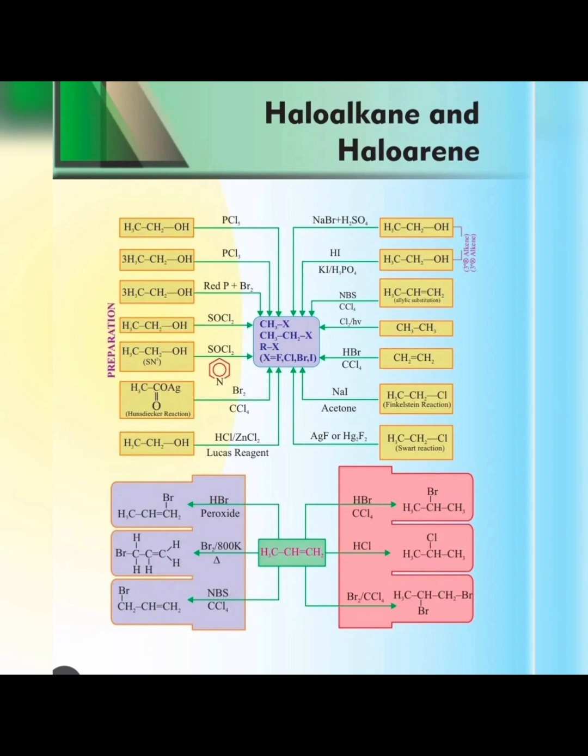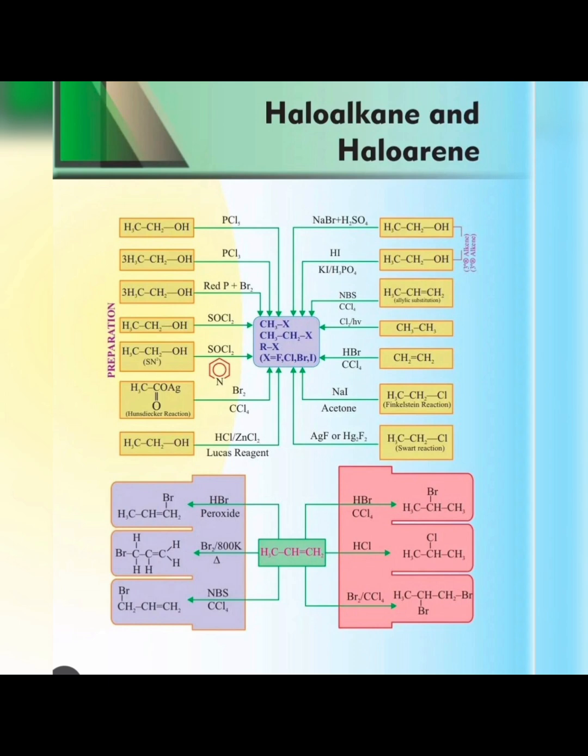It gives the corresponding ethyl halide as a major product. When ethene reacts with HBr in presence of CCl4, symmetric addition will take place and it will give bromoethane as a major product. Similarly, chloroethane reacts with sodium iodide in presence of acetone. It gives the corresponding ethyl iodide, which is also known as the Finkelstein reaction.